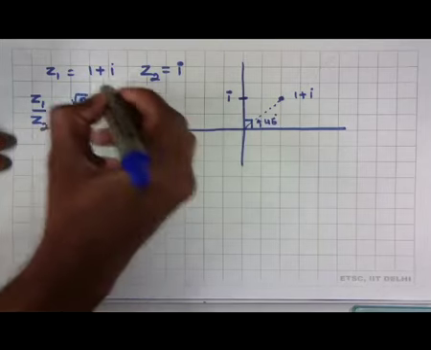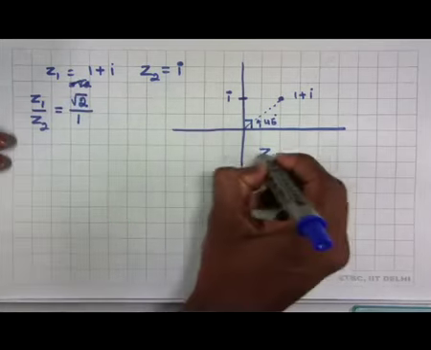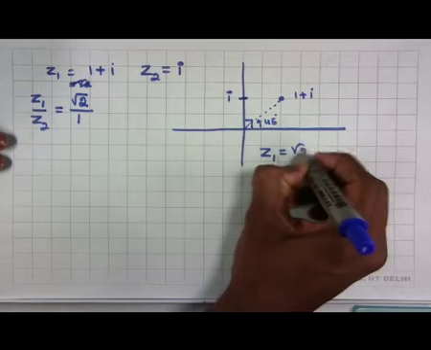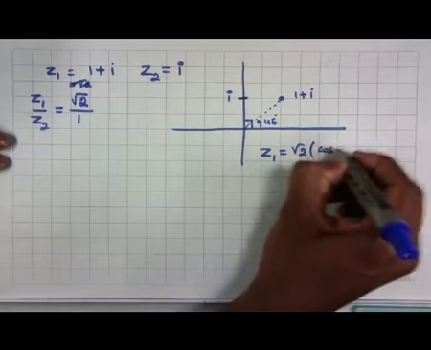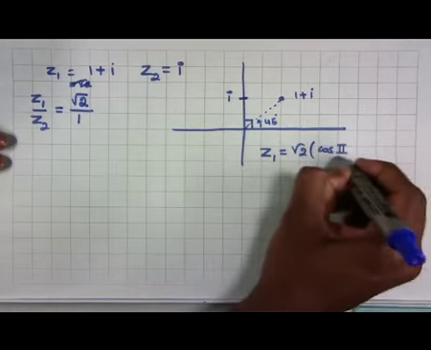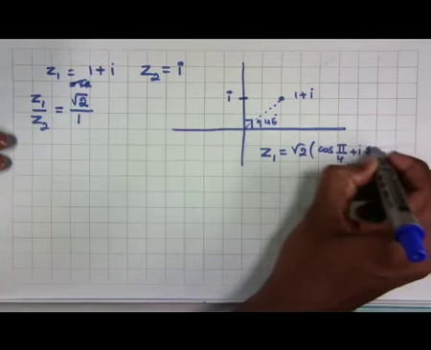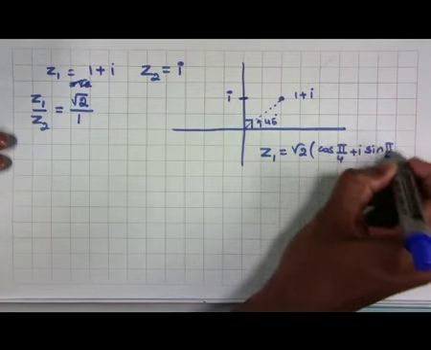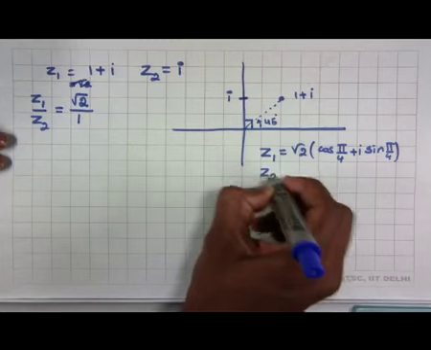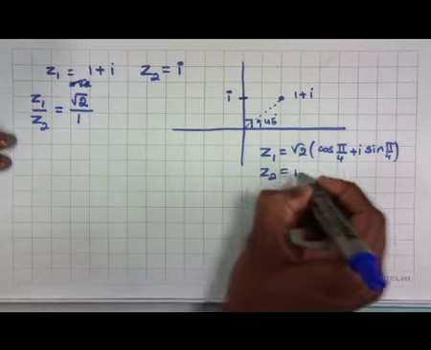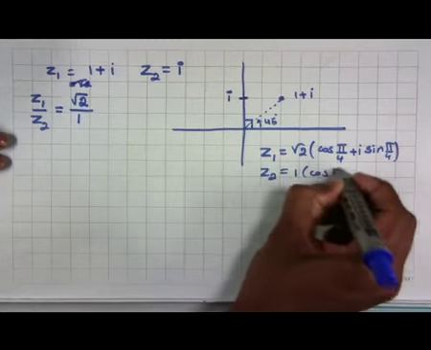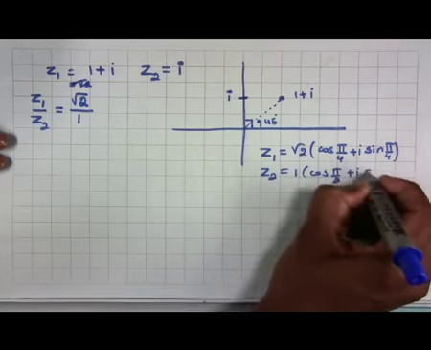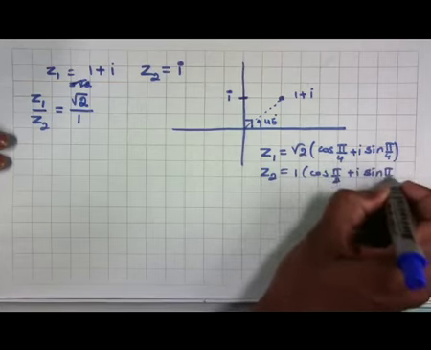So first of all, let us write in the polar form. z1 is root 2 cos pi by 4 plus I sin pi by 4, and z2 has modulus 1 and is cos pi by 2 plus I sin pi by 2.